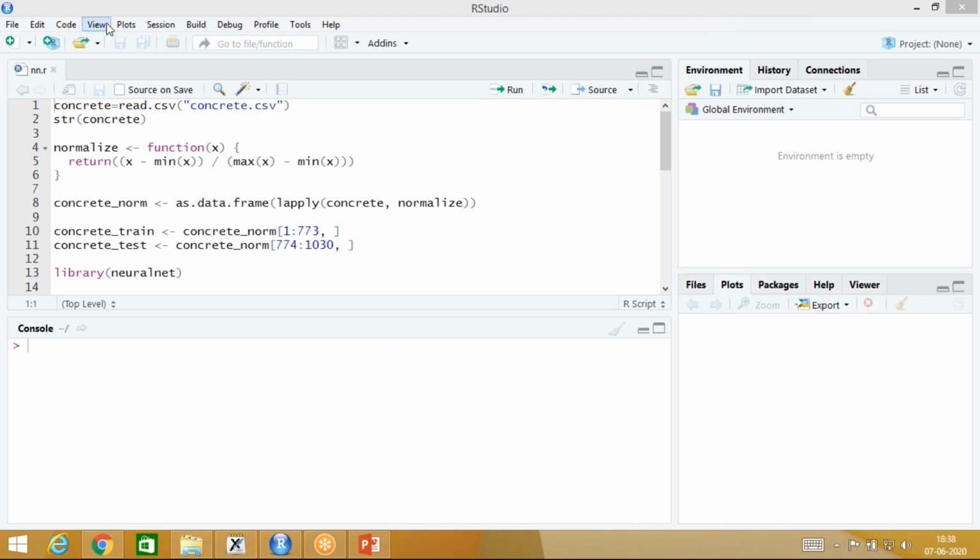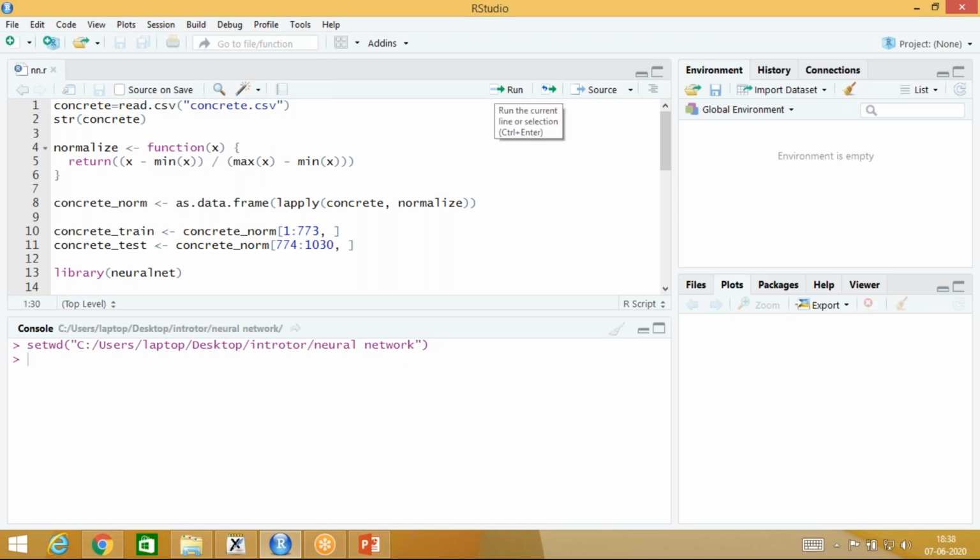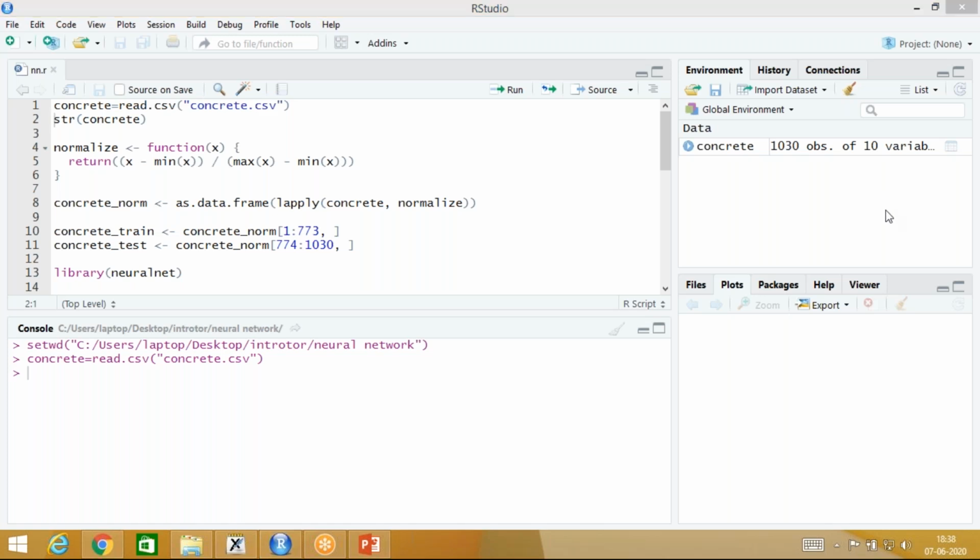So I will open a data set called concrete.csv file. This is last day's data. Yesterday, I gave this data set. Could you find that yesterday's data set?